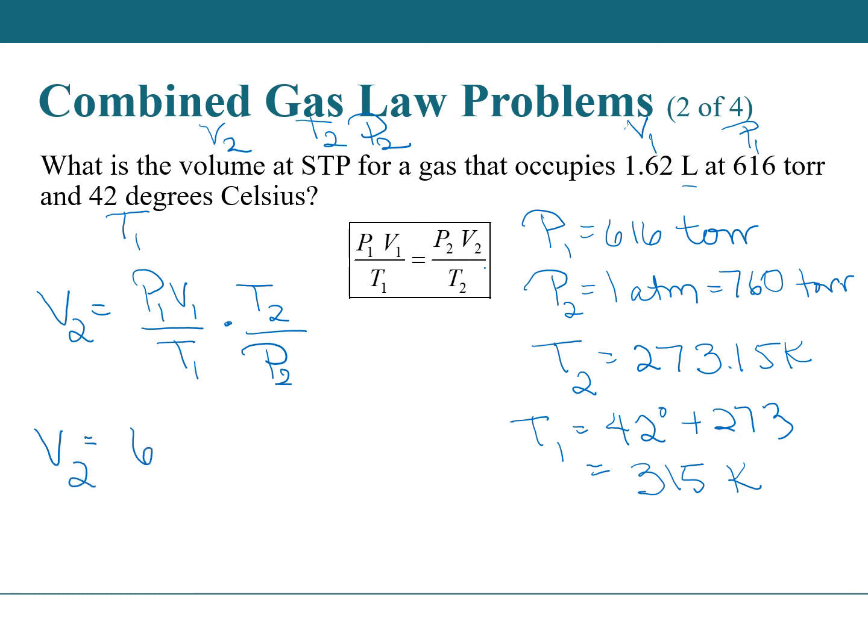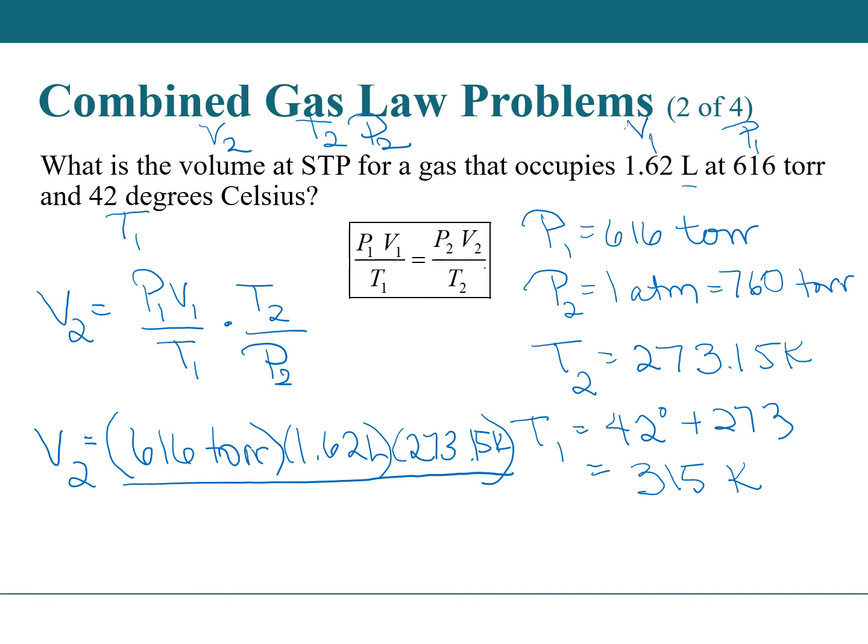P1, 616 torr, times V1, which is 1.62 liters, times T2, which is our 273.15 Kelvin. All of this is divided by T1, which is 315 Kelvin, and P2, which is 1 atmosphere, or also 760 torr. So our answer is going to be in 3 significant figures. That's by definition, right?